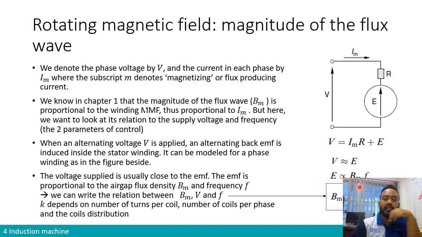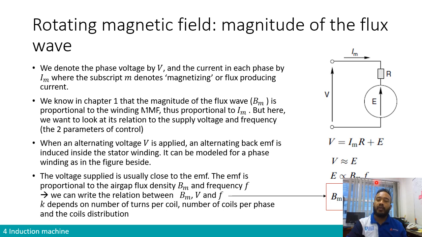So this is an interesting property because it shows that if you want to control the flux density inside the air gap, and therefore the strength of that magnetic field and therefore the torque, you can modify V over F. So there is in fact a control, what we call a scalar control, where you control the ratio V over F, right?